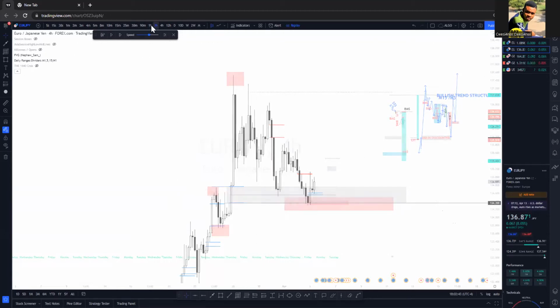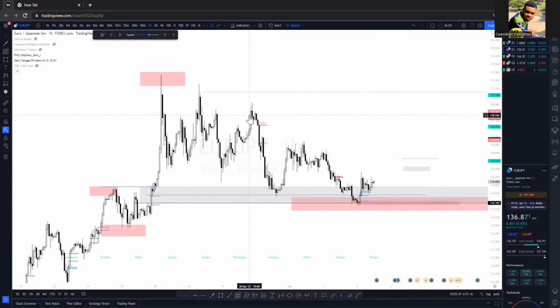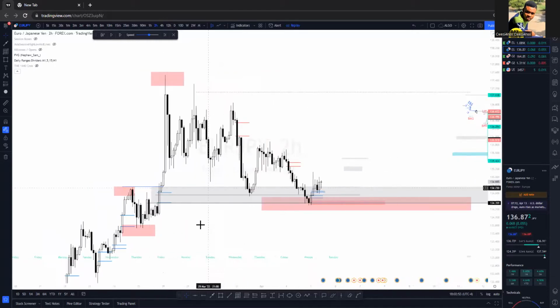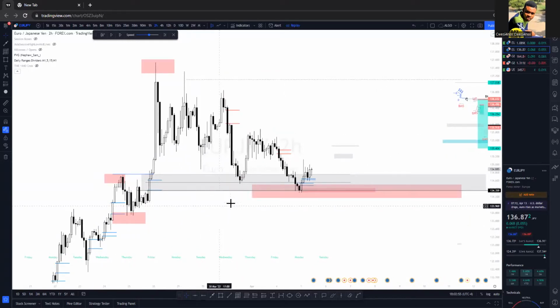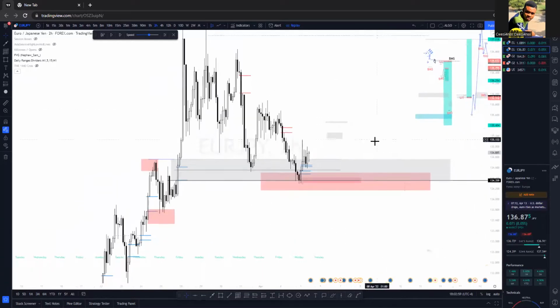So you move towards the H1 time frame. You can choose to move from the H4, H2, H1, then you scroll down to the smaller time frame. All right. On the H2, you can see we have something clear and nice over here, right? On the H2, check what we found over here.